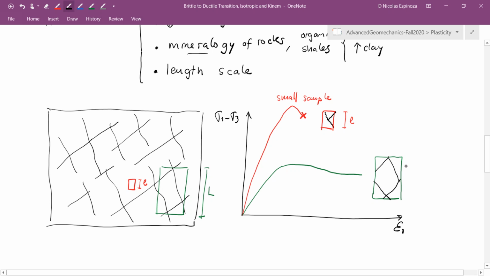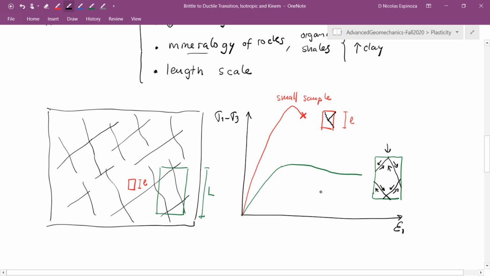And you may also break the rock matrix inside, but first you're going to mobilize the internal fractures, so that when this material now fails, basically, if we're loading in this direction, then this side is going to go down with respect to this one, and this one is going to go down too, and probably this one could go up with respect to this one, and so on. But at the end of the day, this will look like loading a rock along surfaces and obtaining the frictional strength mostly. And that also will look more ductile.